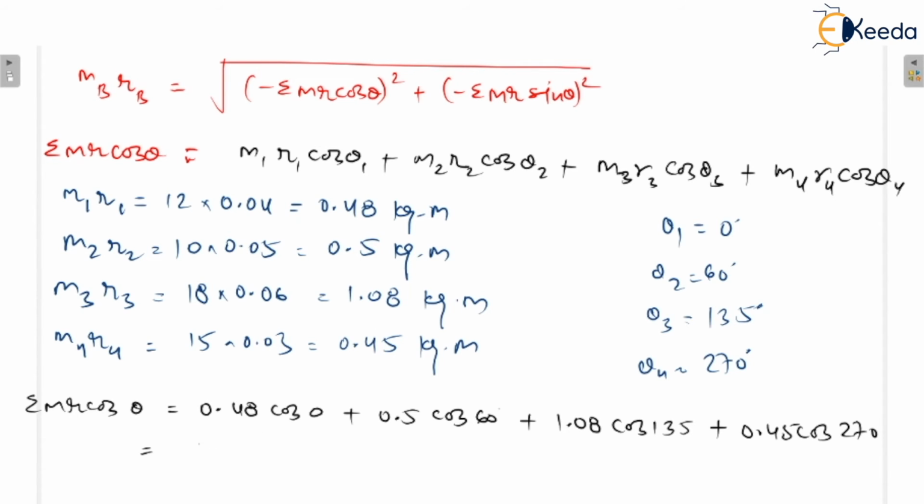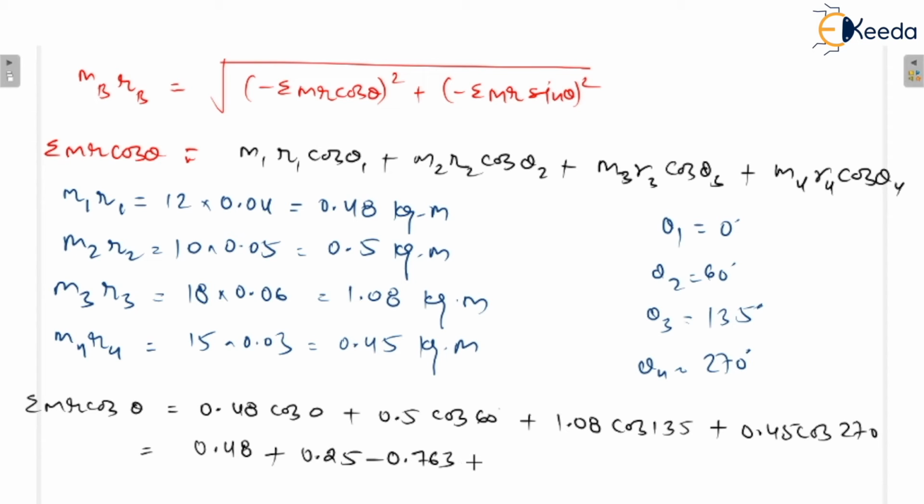Cos 0 is 1, we know that, so it would be 0.48. And what is cos 60? Cos 60 is 0.5, multiplied by 0.5, you will get 0.25 here. And what is cos 135? It is minus 0.707, multiplied by 1.08, you will get minus 0.763.